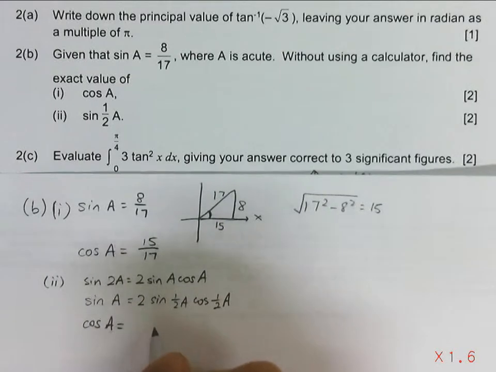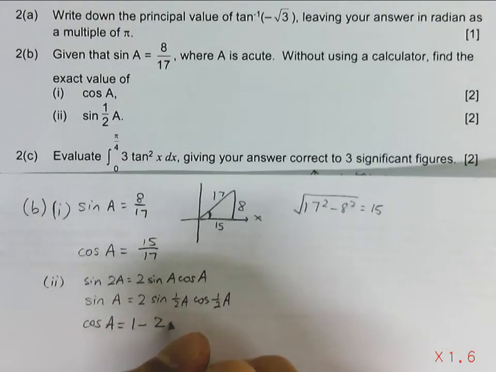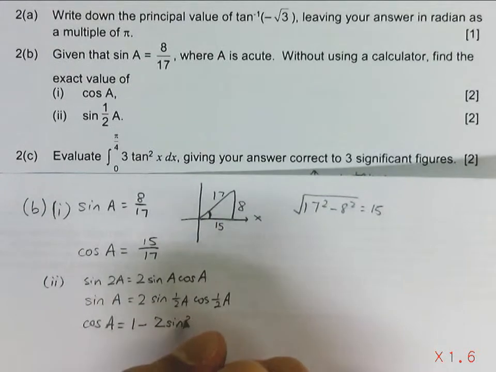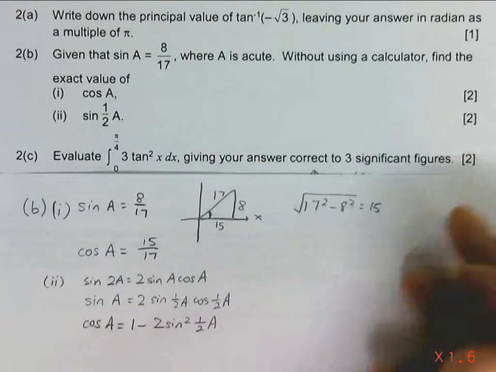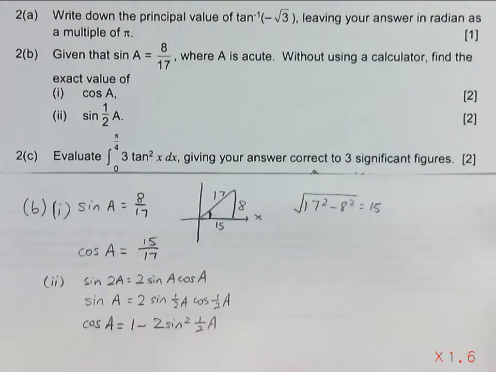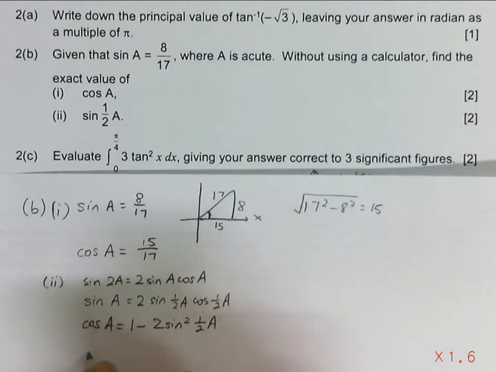We are using the sine squared form, 1 minus 2 sine squared half A, to solve this problem. So rearranging, making sine half A the subject, we'll get this.